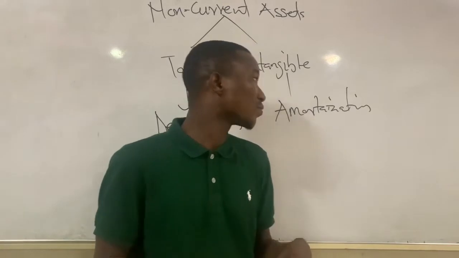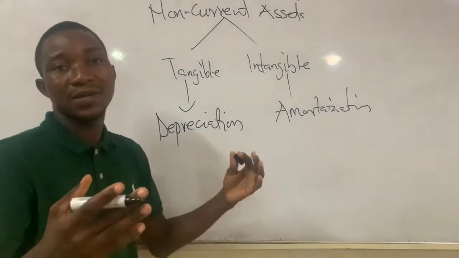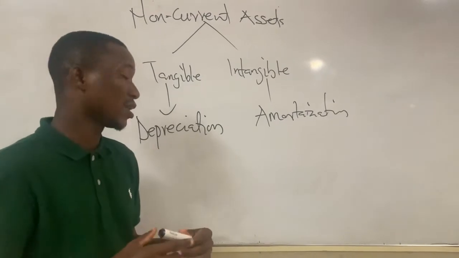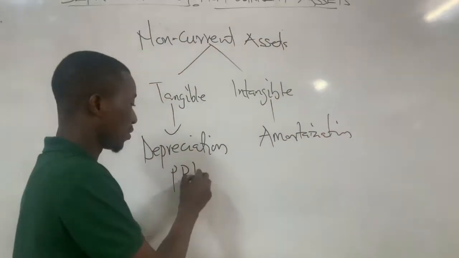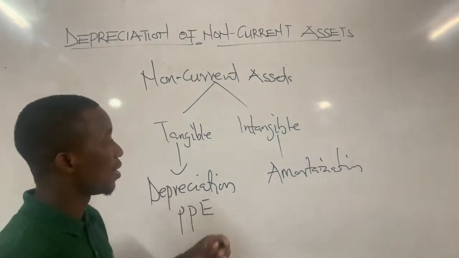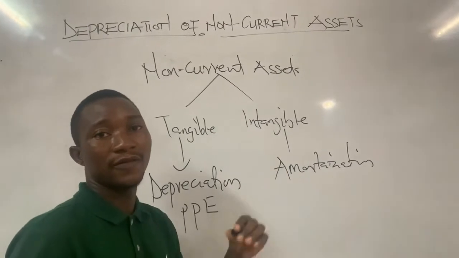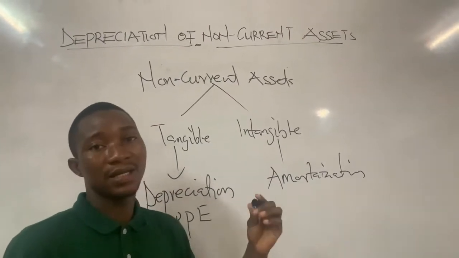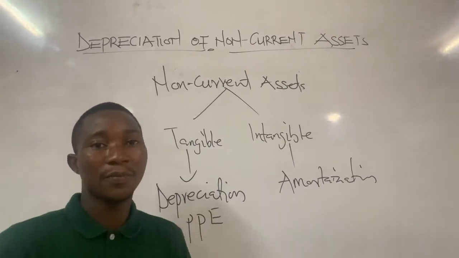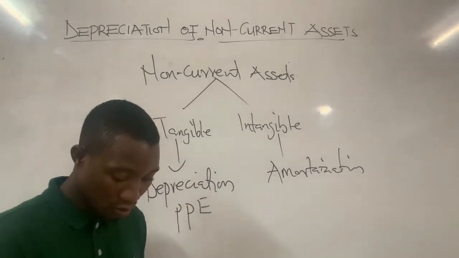The tangible non-current assets are the property, plant, and equipment. For the intangible assets, when the value decreases, we call it amortization, and they include goodwill, patents, and other intangible non-current assets.